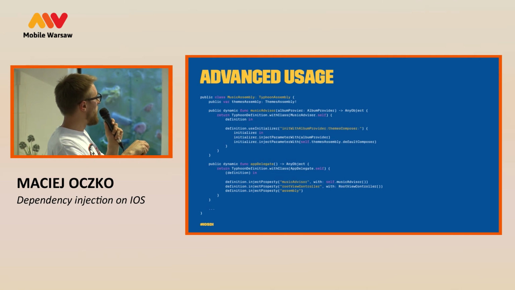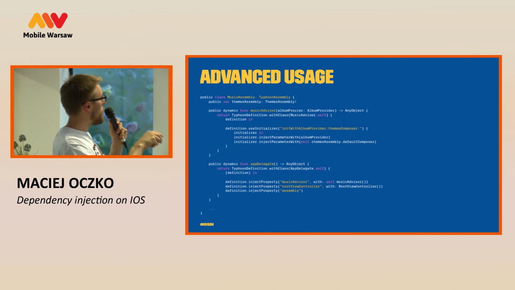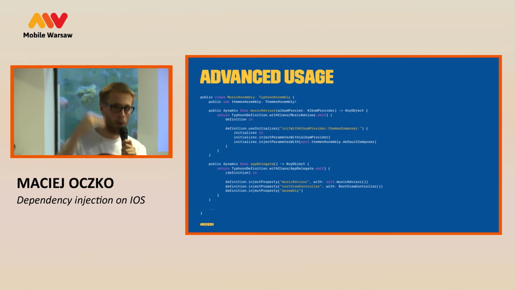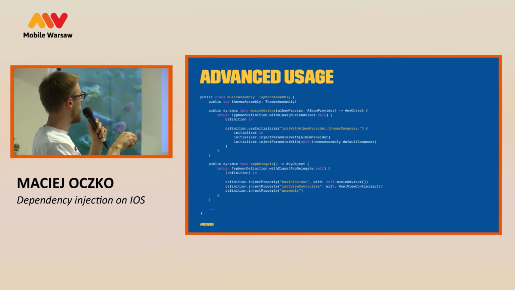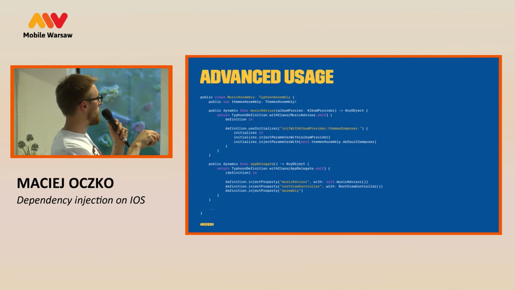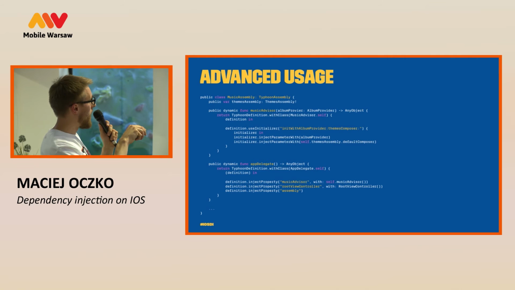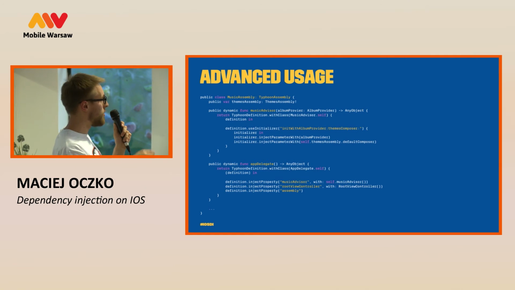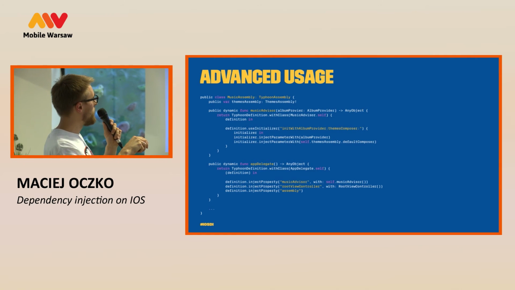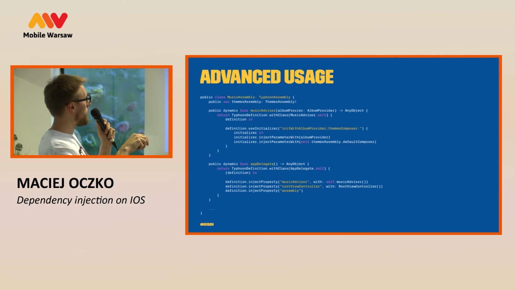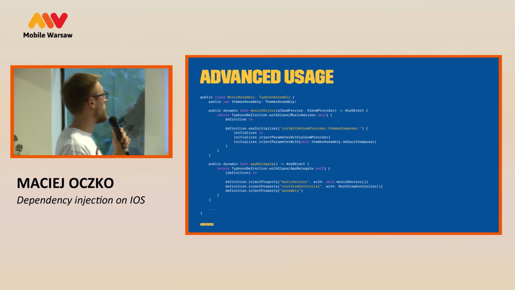Here we create Music Advisor just like before, but we want to have this album provider from the outer scope. So we say we use this initializer with album provider and themes composer. We get album provider from the outer scope during runtime, and we take default composer from our themes assembly.